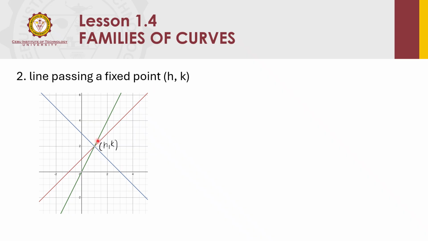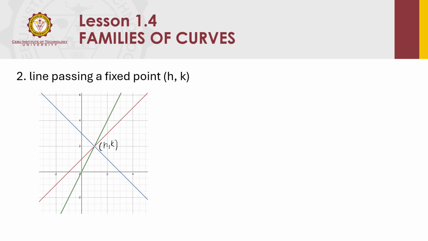So we have the green and the red lines with positive slopes, while this blue line has a negative slope. So if we're going to write the standard equation of this family of lines, it should be the one with a point with coordinates h and k and a slope.